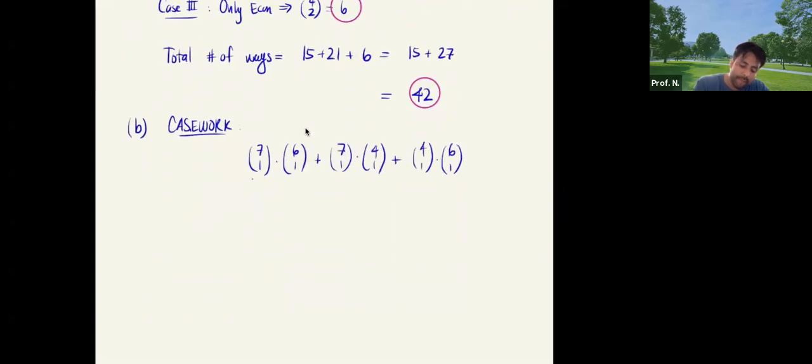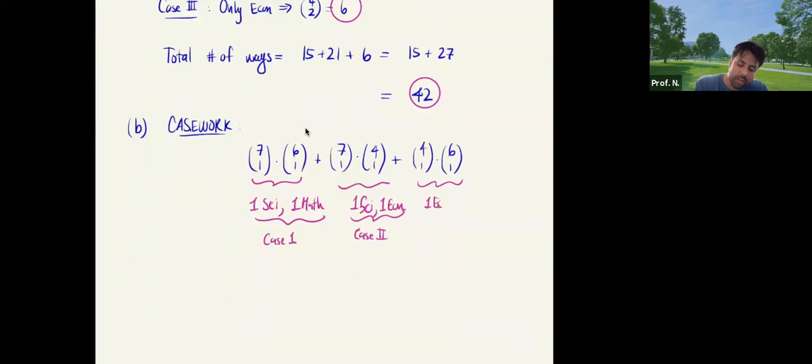What does this represent? 7 choose 1 represents 1 science and 1 math. That's case 1. Case 2 is if you have 1 science and 1 econ. And then case 3 would be 1 econ and 1 math. That's the only other possibility. And when you add these numbers up, you get 94.